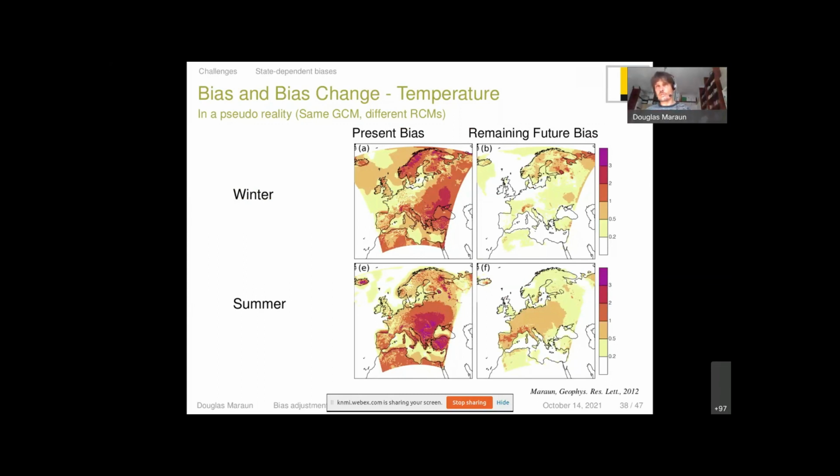In fact, I chose 4 models, and then took one as a reality, and then I adjusted the other models in the present climate against that model, and then looked at how it works in the future. And now here's the present bias. So that's the mean across all model combinations in winter and here in summer. And this is the remaining future bias. And you see it has been much improved on average.